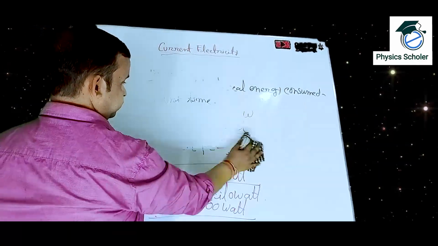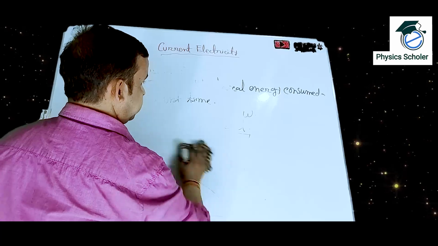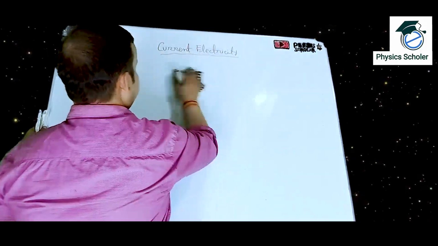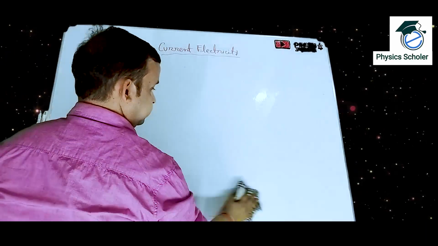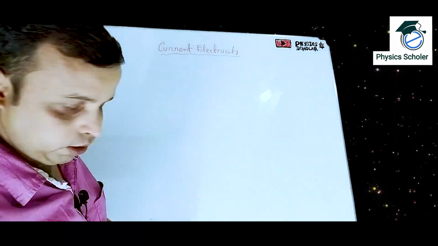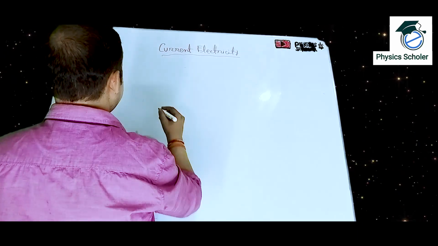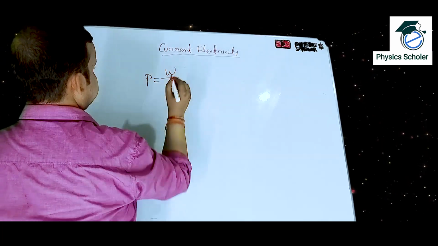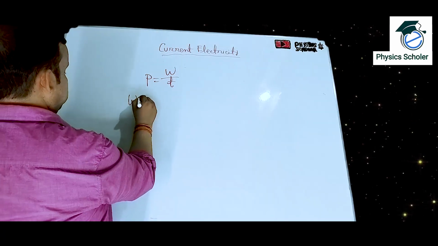Now some basic formulas are there which are used to solve numerical problems. So what are the formulas? What we know: power P is equal to W by T. Now W is equal to what?